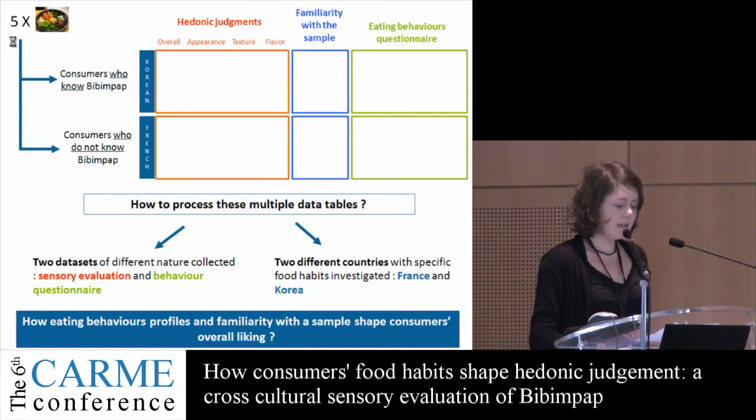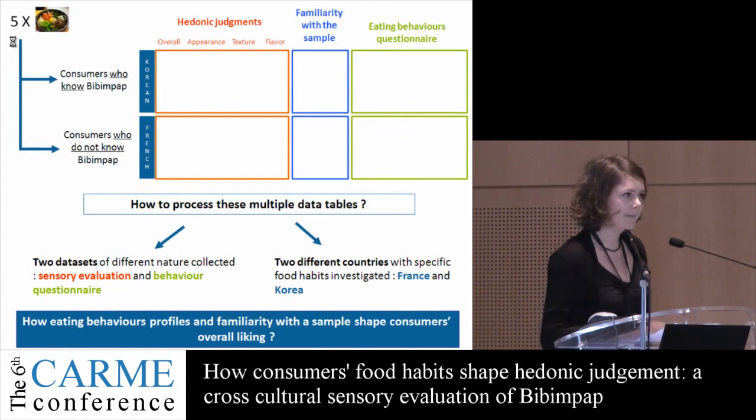And secondly, participants were asked to fill in an eating behavior questionnaire, assessing their acceptance towards new foods with 18 items such as I prefer having familiar food or I usually eat ethnic food. The issue here is to process multiple data tables of different nature collected in 2 different countries. As an illustration, we highlight the influence of eating behavior profiles and familiarity with the sampled product on the overall liking. Thank you.